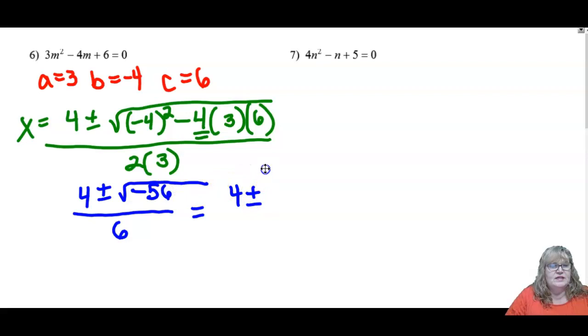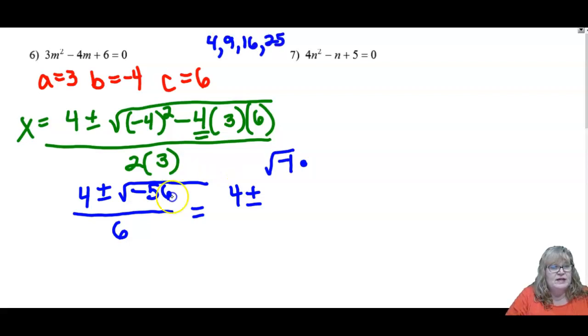negative 56 is the square root of negative 1 times the square root of 56. But the question is, does 4 or other perfect square go into here? Remember, our perfect squares are 2 squared is 4, 3 squared is 9, 4 squared is 16, 5 squared is 25.